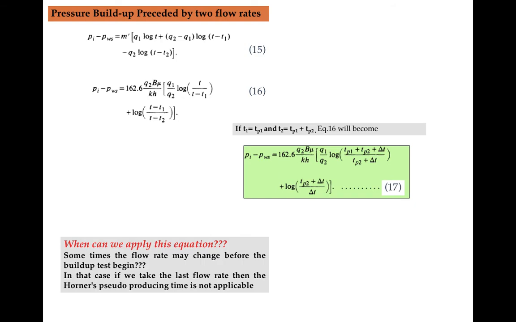So therefore, if the last flow rate, that is Q last, duration is lesser than its preceding rate, right? In that case, we should also take the preceding rate in our calculation.